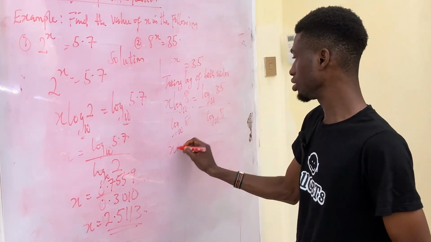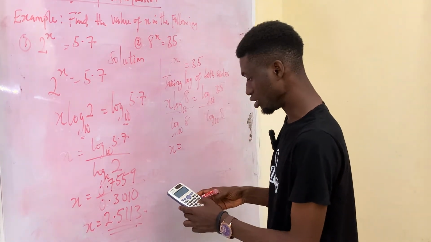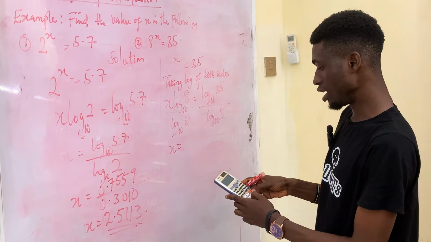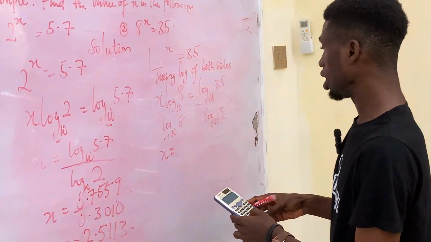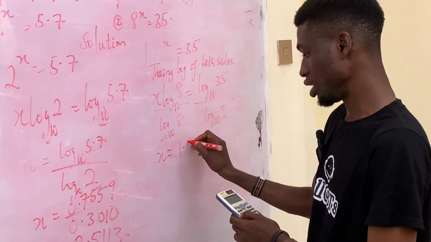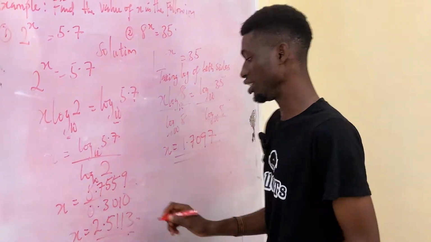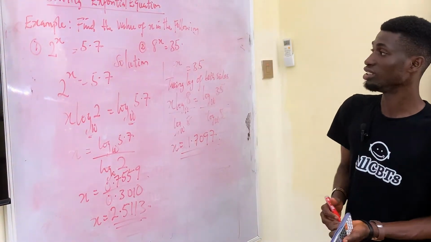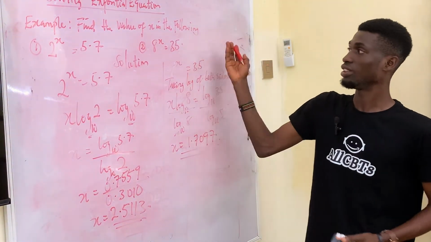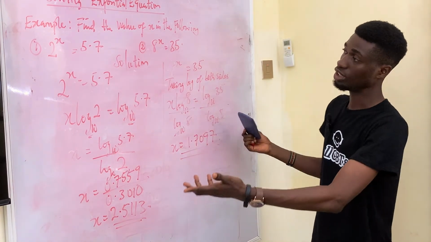So x equals log 35, just press the calculator, divided by log 8. You're going to have the answer as 1.7097. So see, it is as easy as ever, just taking the log of both sides and dividing by what is disturbing your x. You have gotten your x.